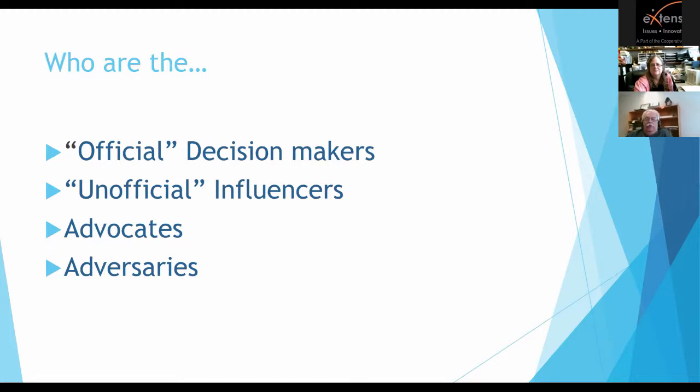And when you start developing regulations, there are two groups of people involved in any decision. There are going to be people that are advocates, and there are going to be people that are adversaries. As you move forward in making zoning regulations, you need to know who your advocates are. Who are the people that are going to say, this is a good idea, or encourage you to go forward?